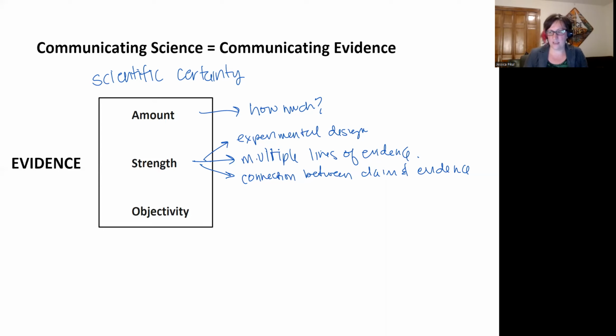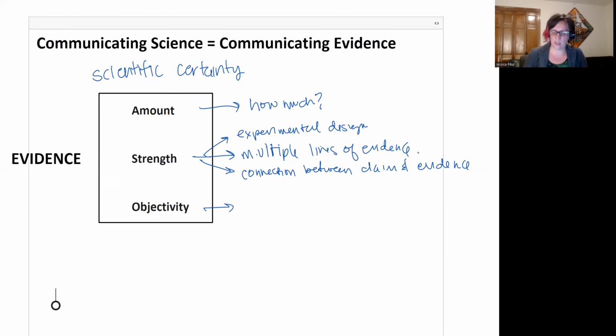And then lastly, objectivity. One of the things that's really key in communicating science is also communicating how certain or uncertain you are about your results, being extremely transparent with your certainty or your uncertainty.